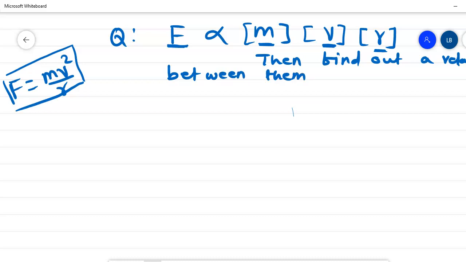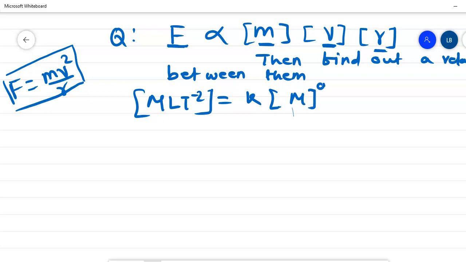To do this, again as I said, write the dimension of force, which is nothing but M L T minus 2. So this equals a constant, times the dimension of M, normal M, with power a, and v is L T inverse with power b, and r is again length, so L with power c.